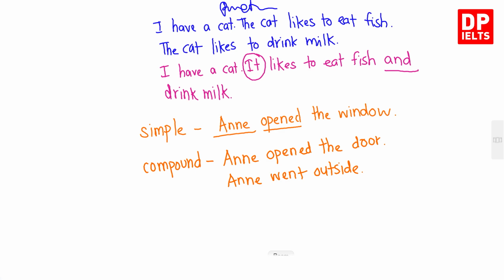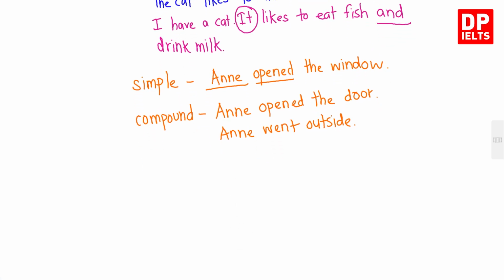Now, by using a coordinating conjunction, you can put them together and say, Anne opened the door and went outside.